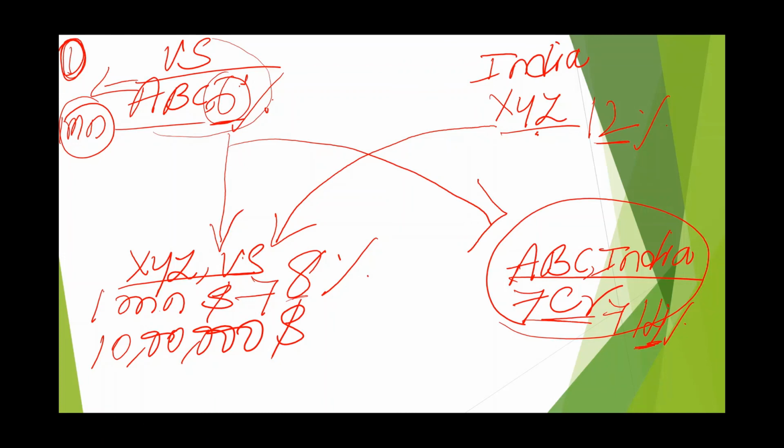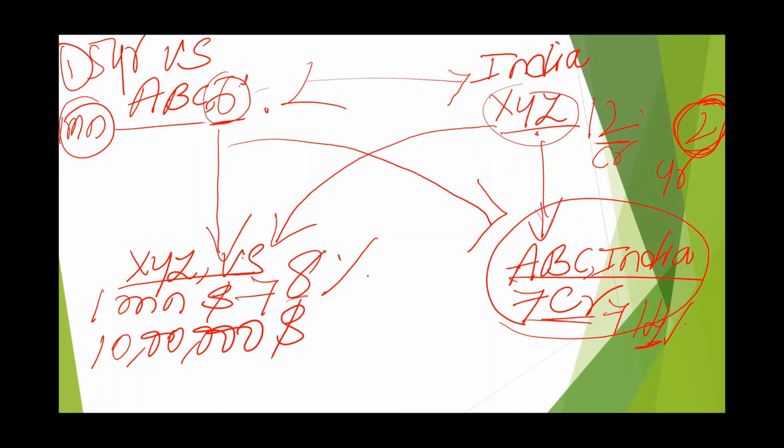In the same way, Indian XYZ company can raise 7 crore from a lender 2 for 5 years, and they can lend it to ABC Indian company. Indian XYZ company is simultaneously borrowing from lender 2 and lending to ABC Indian company. In the same way, US ABC company is borrowing from lender 1 and lending to XYZ US company.